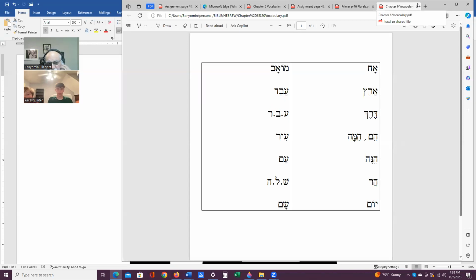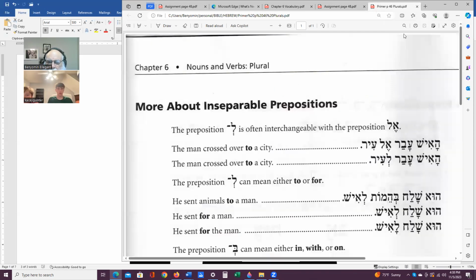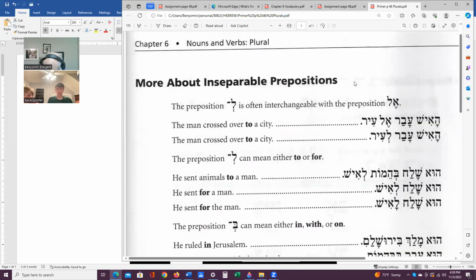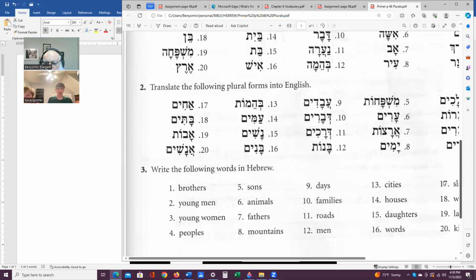Okay, so we ended with chapter 6, am I correct? I'm not sure if we went over chapter 6. I remember memorizing these words. Okay. Well, let's do this. I want to go over your homework that deals with chapter 6, and your homework was on page 46. Am I correct? There we go.